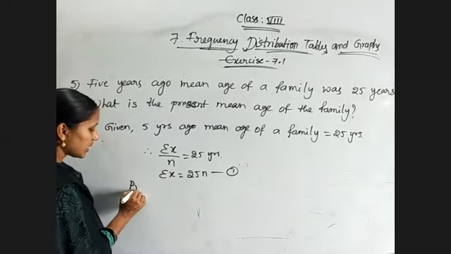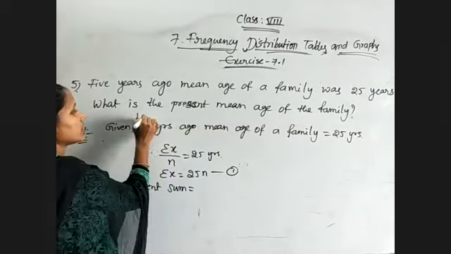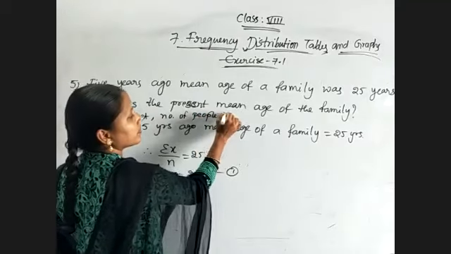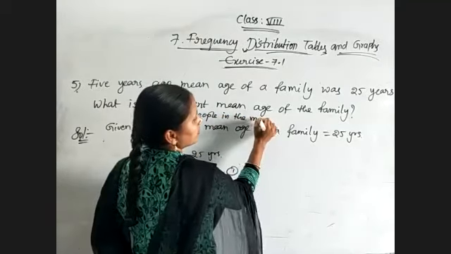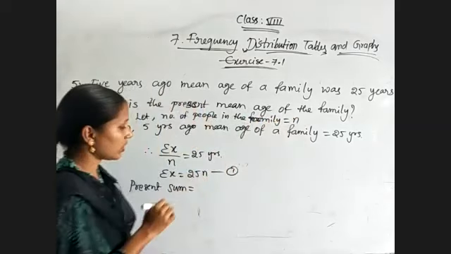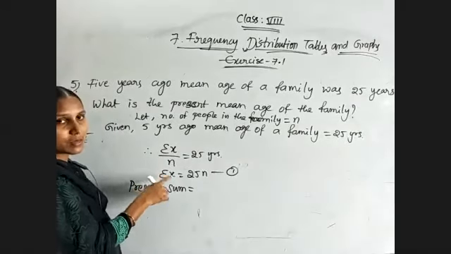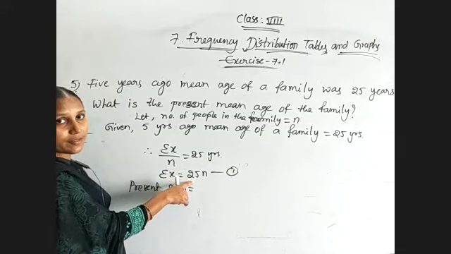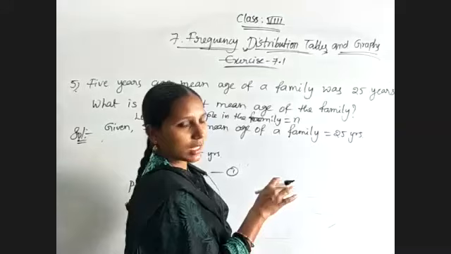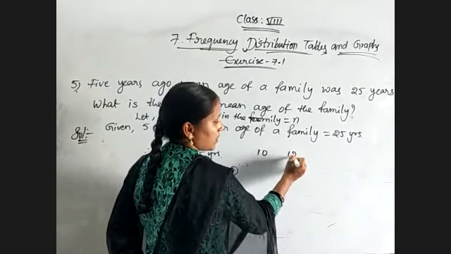Now the present sum. Let the number of people in the family be n. Then the sum of the n members before 5 years is equal to 25 into n. After 5 years, first suppose 2 persons are there. Before 5 years, their ages are 10 years and 12 years, for suppose.